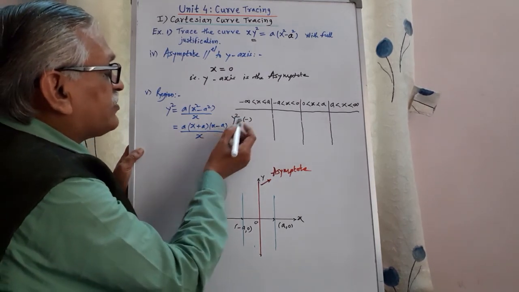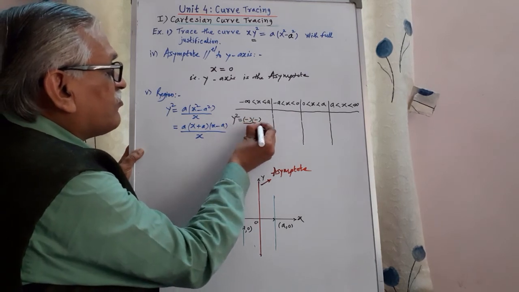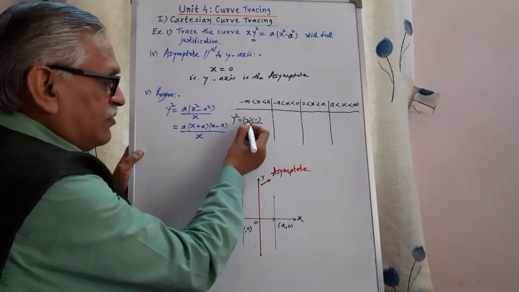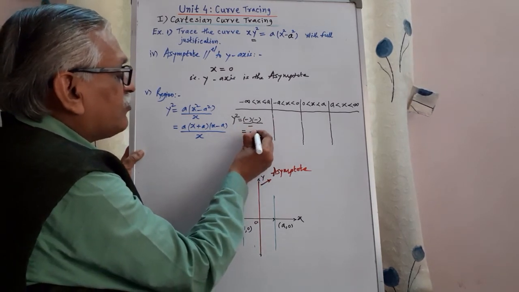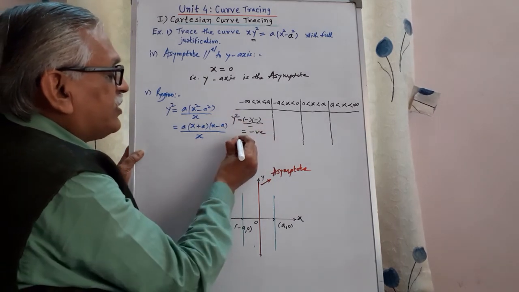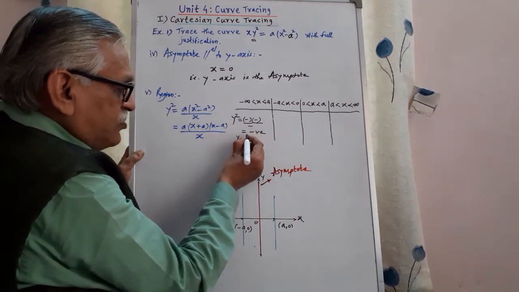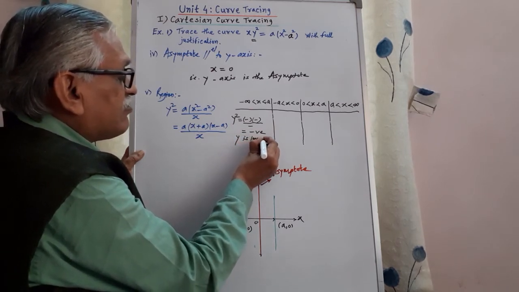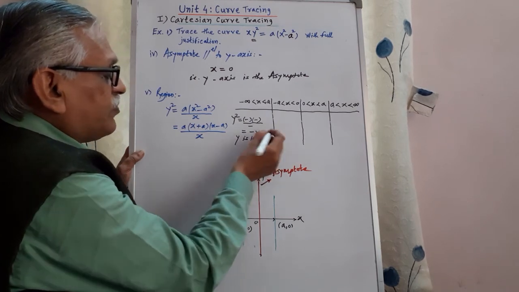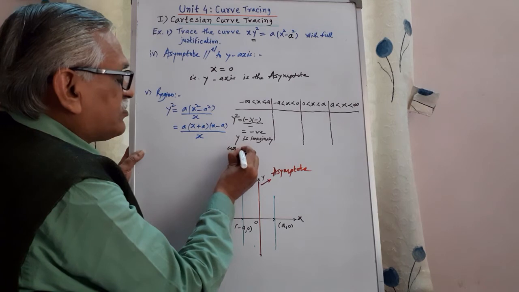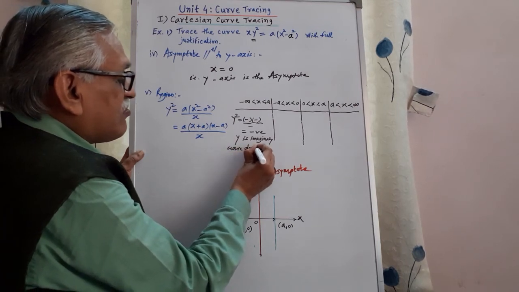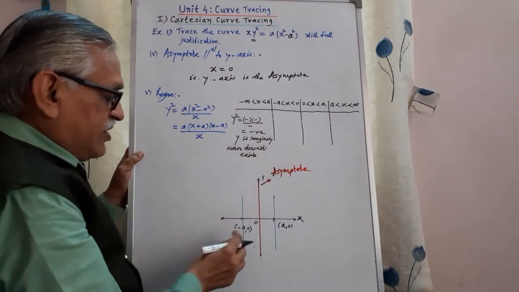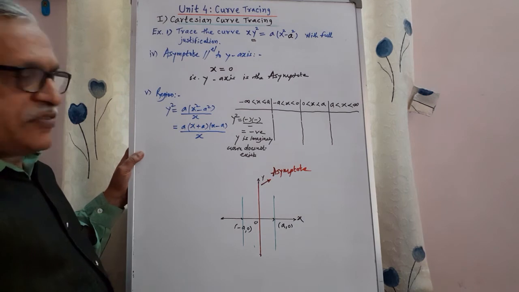Minus 2a minus a, again negative, and x is minus 2a, sign is negative. Therefore, negative times negative divided by negative, y square is negative, and as y square is negative, if we take the square root on both sides, y becomes imaginary. Root of a negative means the curve does not exist. Means on this side the curve does not exist.